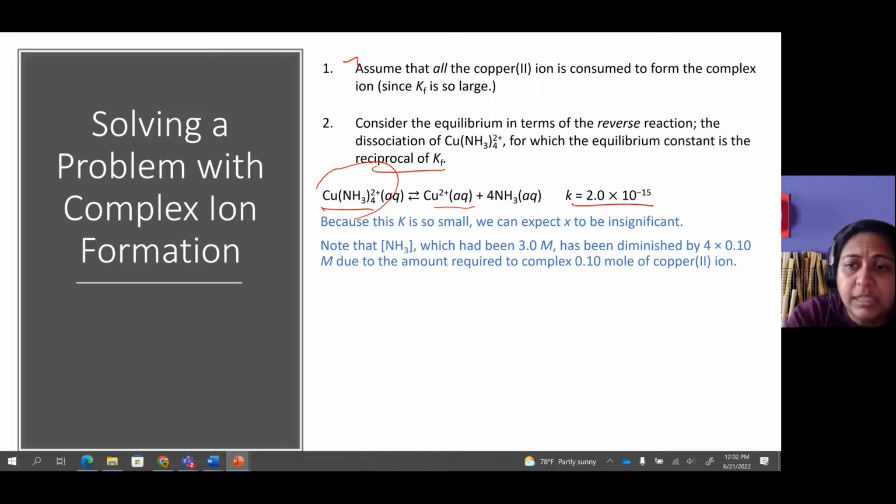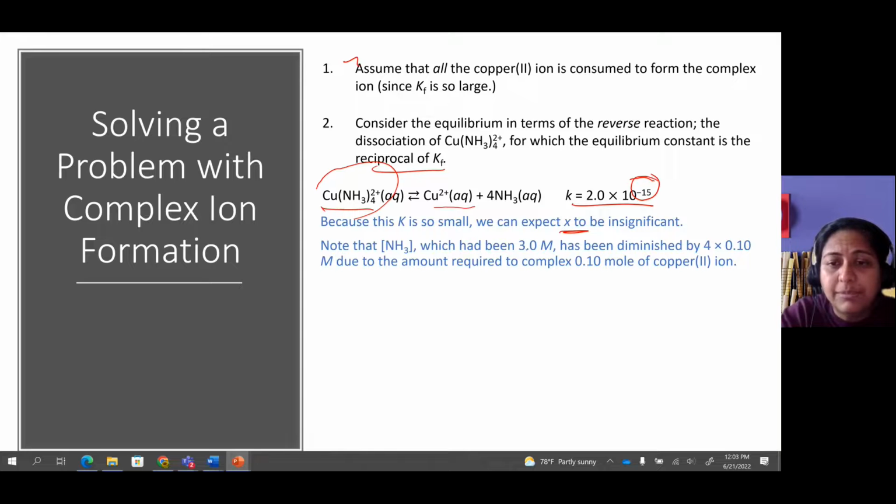Look at this figure: it is 10 to the negative 15. So this K is very small. Then we can assume X, the amount that would dissociate, is very, very small, an insignificant amount.